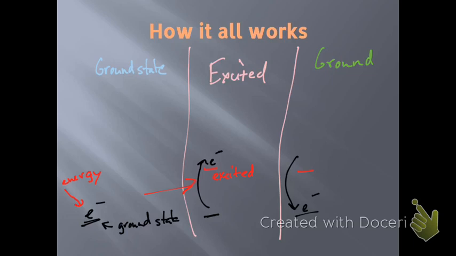How it removes the energy is by giving off light. As the electron goes back to its ground state, it gives off light, some type of photon. And remember, light is given off as a wave, and we see light as different colors.